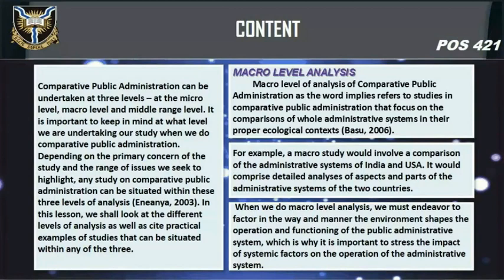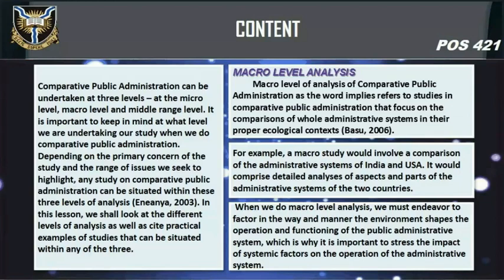Content. Comparative public administration can be undertaken at three levels: at the macro level, micro level, and middle range level. It is important to keep in mind at what level we are undertaking our study when we do comparative public administration.